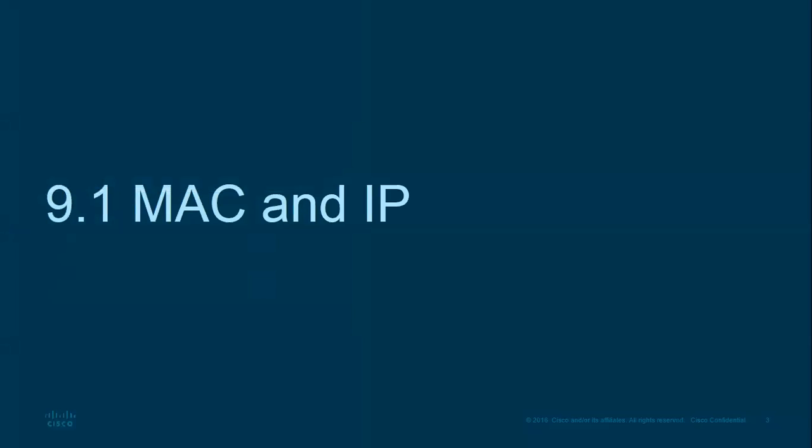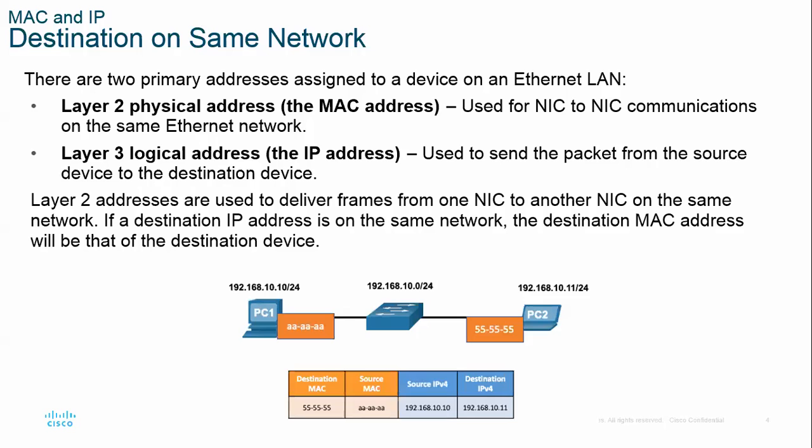The first section is the role of MAC and IP addresses. In reference to the OSI reference model, the MAC address resides in layer 2. It's one of the functionalities of layer 2, which identifies the physical address of a device or an entity.